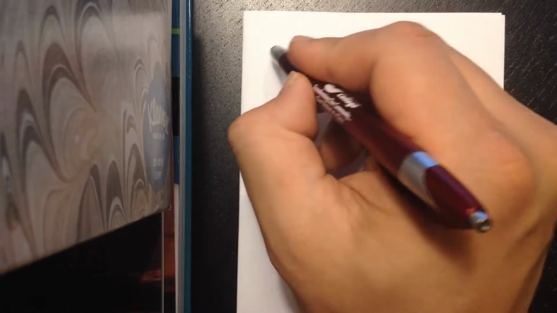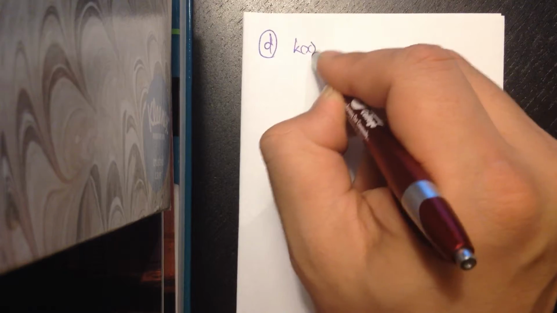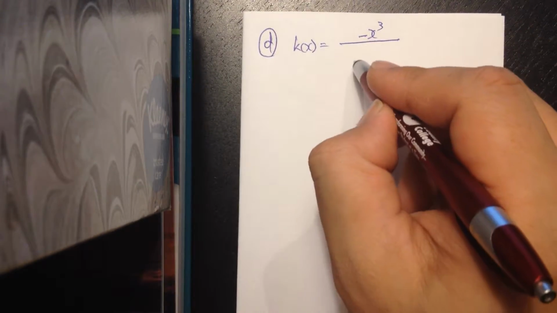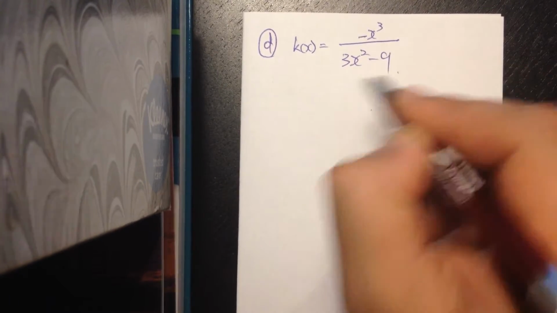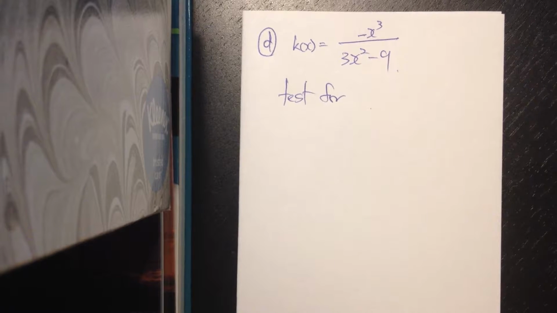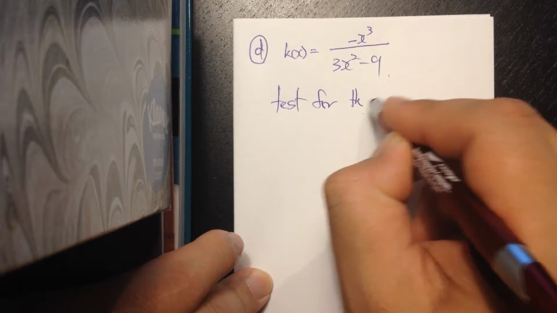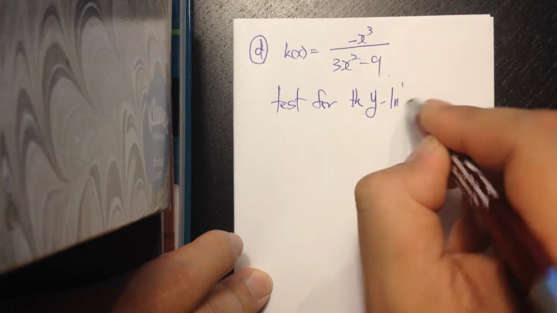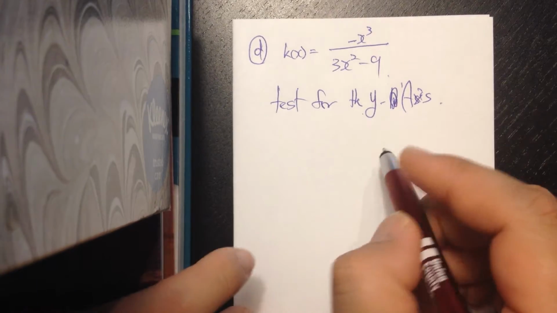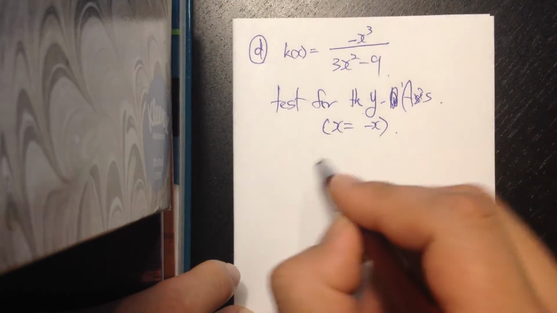So let's do D. So D, I want to say k of x, negative x to the third power, 3x squared minus 9. Now we're going to run the test for the y-axis first, so that means x has got to be negative x.